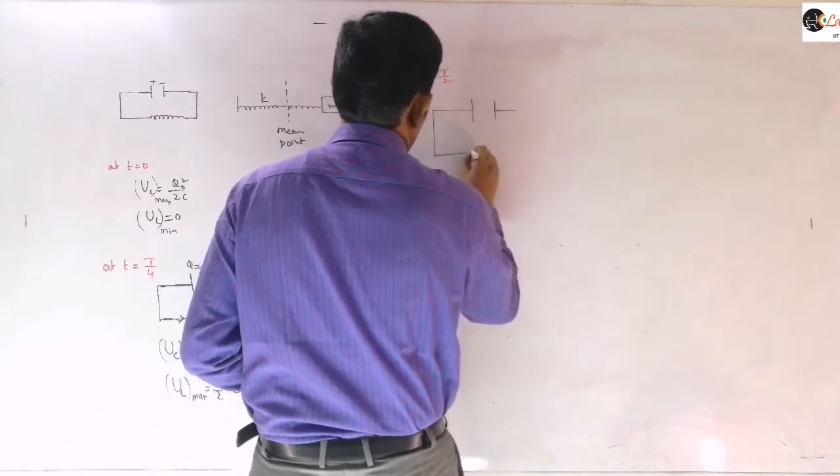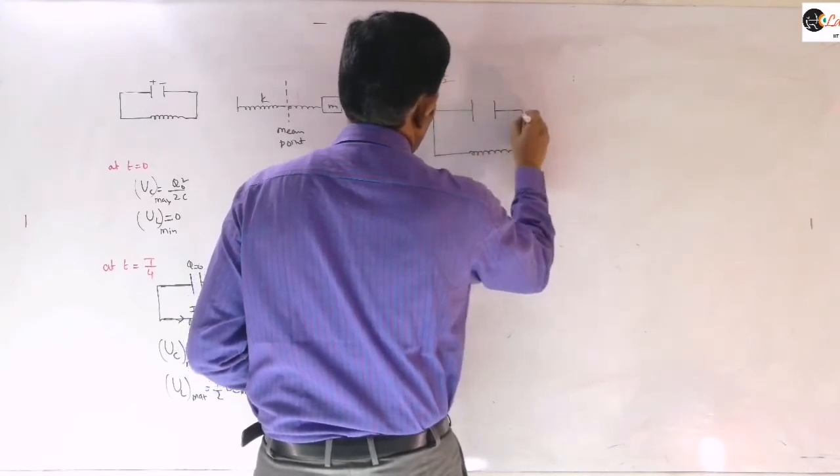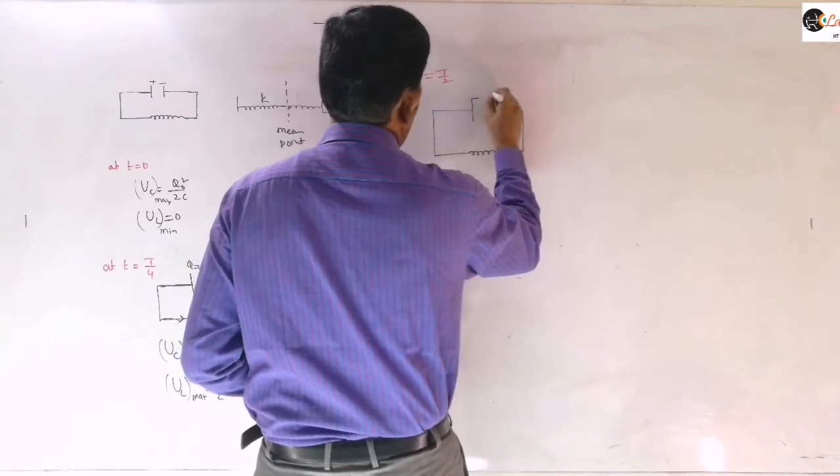So the charge on the capacitor will be maximum at that instant, and now this plate is negative and this is positive.